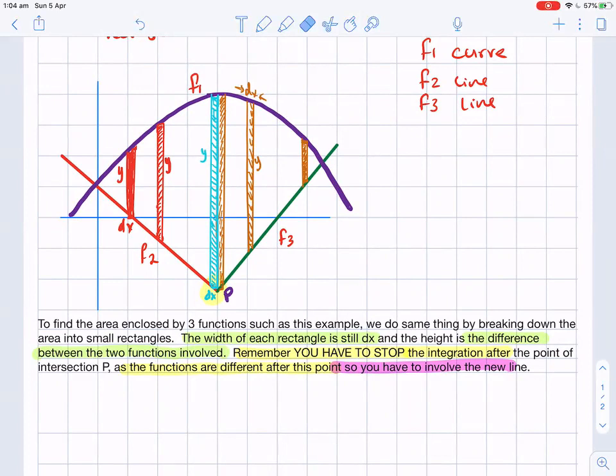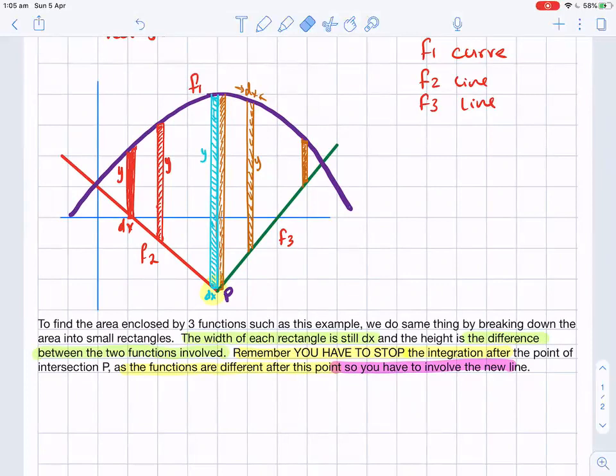So it will be y1 or f1 minus f2. And for the other half, which is f3 and f1, the height of each rectangle, which is y, is going to be f1 minus f3.